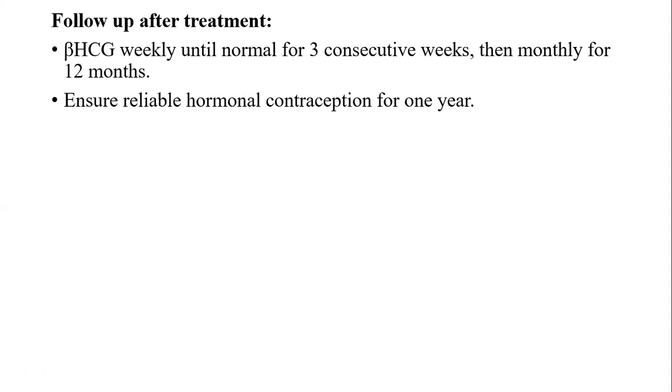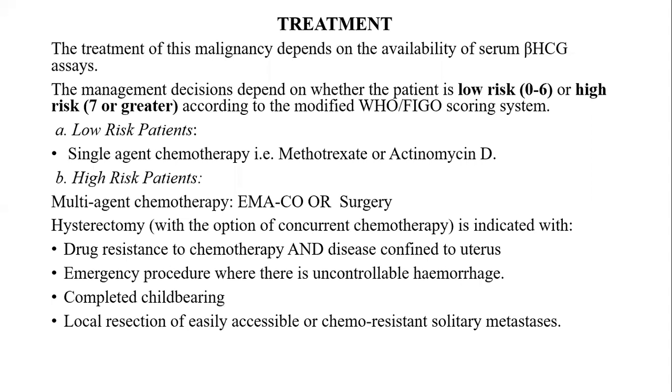So after treatment, now ultra high risk, which I mentioned. Treatment of ultra high risk, we know ultra high risk is also resistant to EMACO. So you go to other agents straight on. You either try MIEP or TETP.